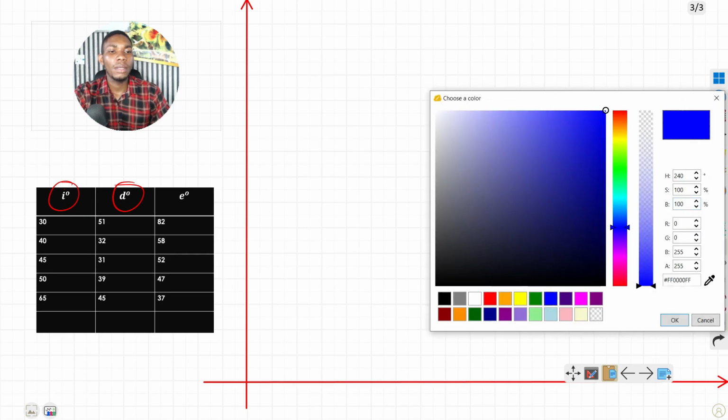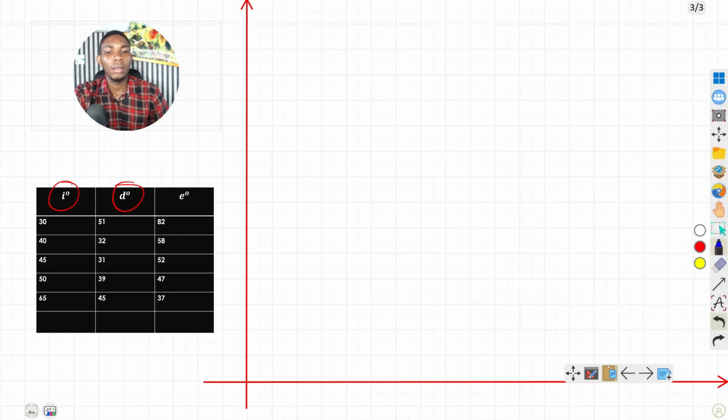Here is 0, 0, and then let's take a scale. The highest value you have on D is 51, while the highest value you have on I is 60. So let's not go too far; let's go with 1 centimeter to 10 units, or 2 centimeters to 10 units. Will it work?